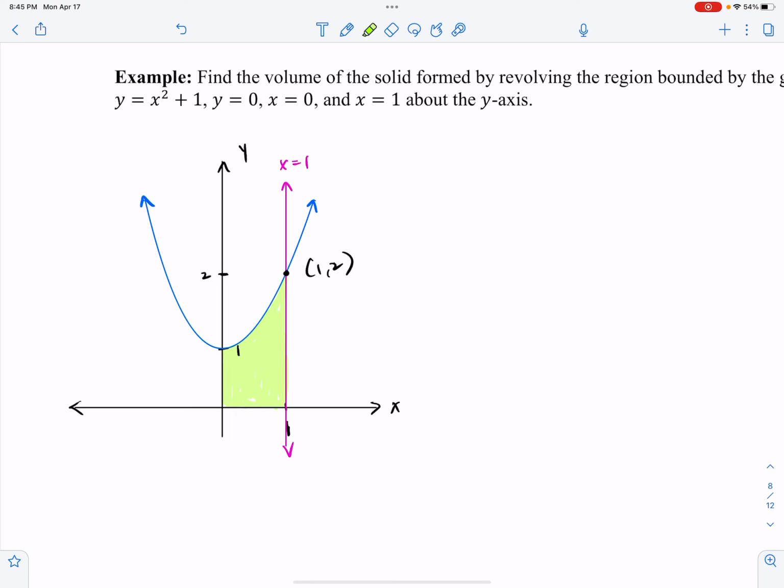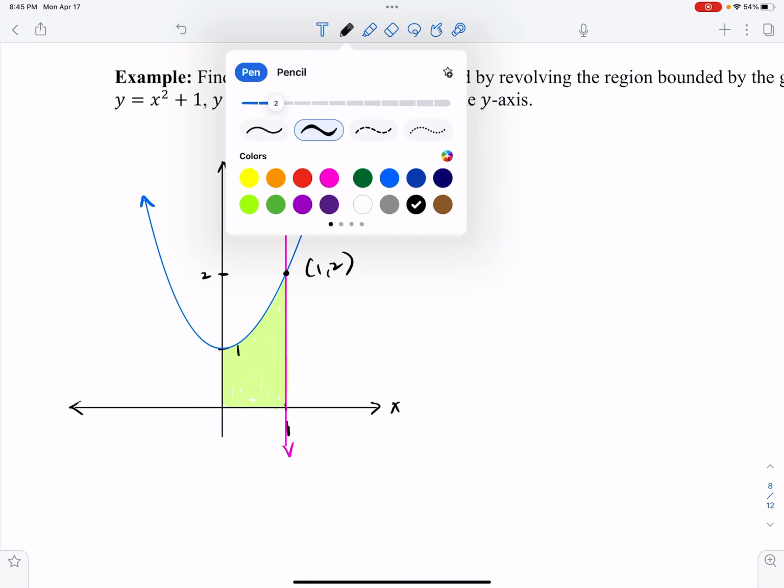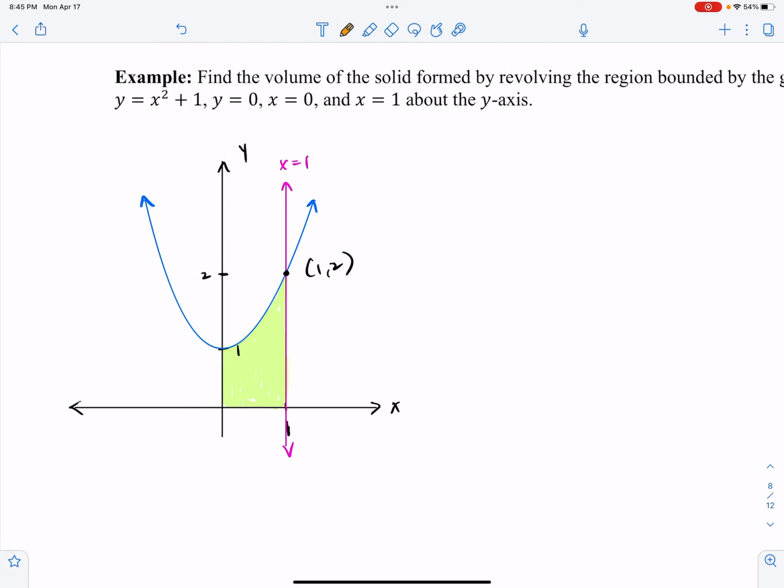That is being rotated about the y-axis. So about the y-axis. Okay, so what would this look like? Well, it would be able to hold something.